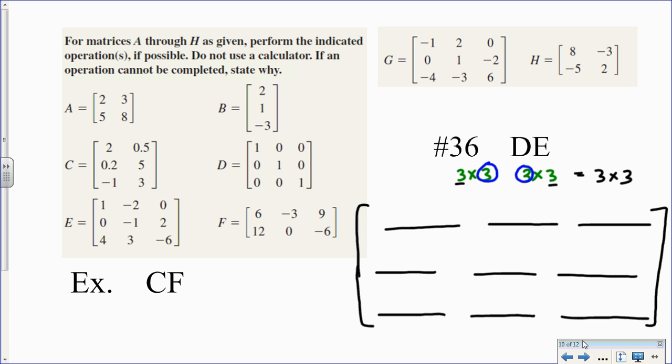And I've got to put D first because the order matters. So D is 1, 0, 0, 0, 1, 0, 0, 0, 1. And E, 1, negative 2, 0, 0, negative 1, 2, and 4, 3, negative 6. Okay.